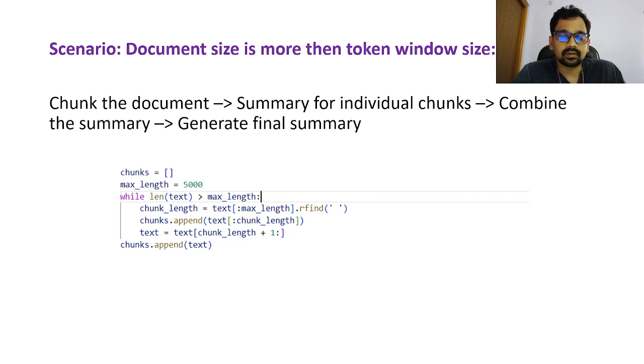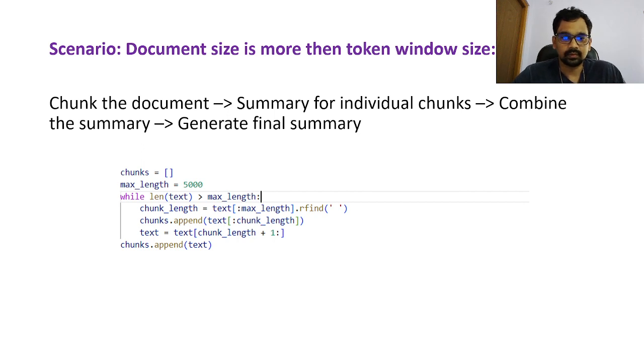In our case, the PDF document I have used is around 16K, so we would be getting 4 chunks: 5 plus 5 plus 5 plus that one 1000 chunk. This 5000 is a max. This is a simple logic where we can generate chunks, and there are a lot of logics available. This is one of the very basic ones.